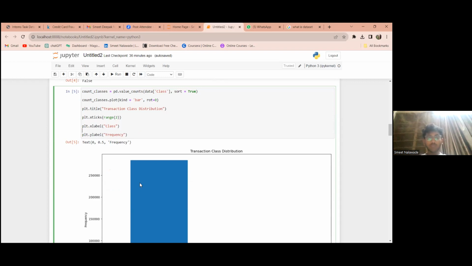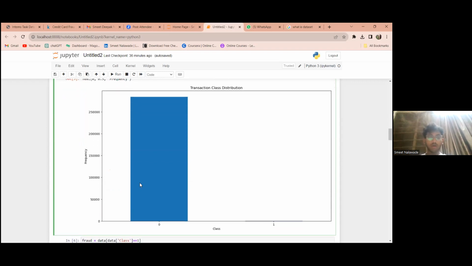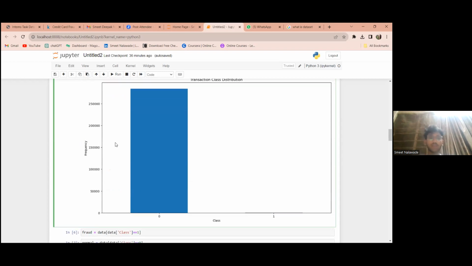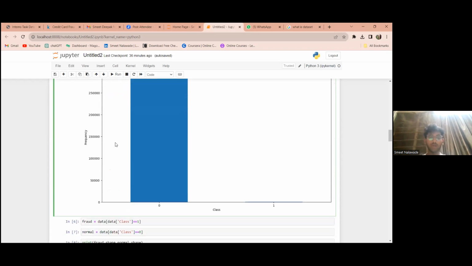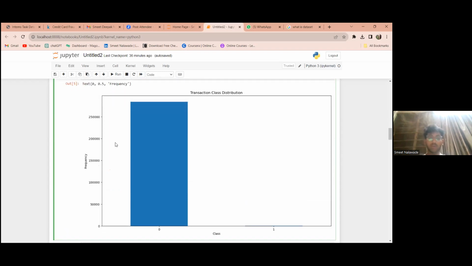Here we have plotted a histogram in which the x-axis has the class and the y-axis has the frequency. The frequency is about transactions and the distribution of it.